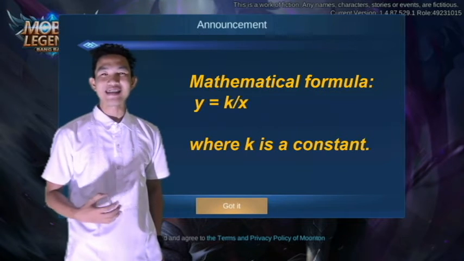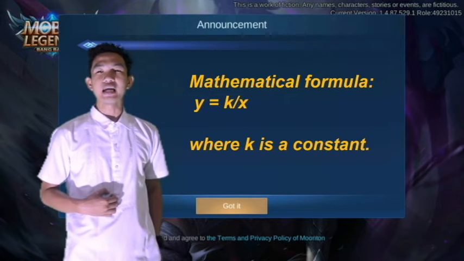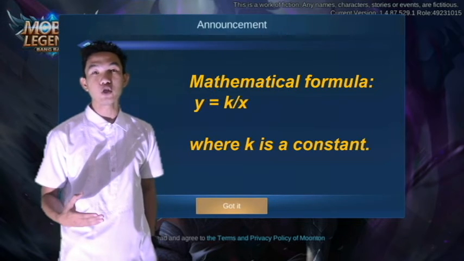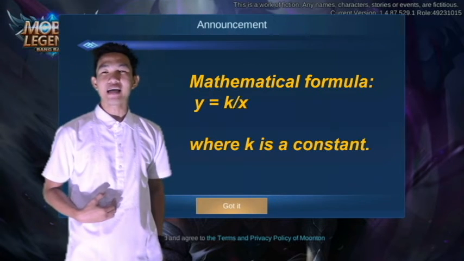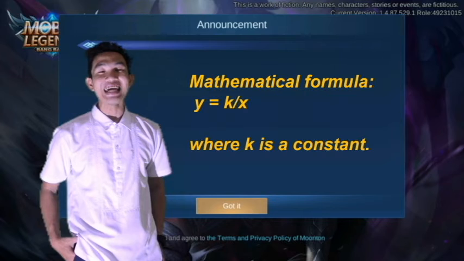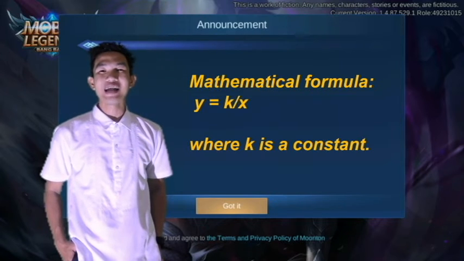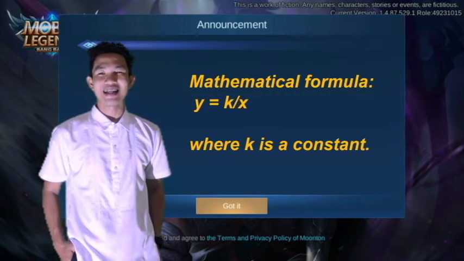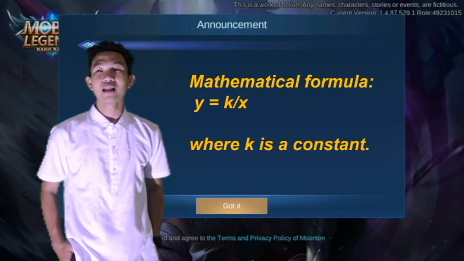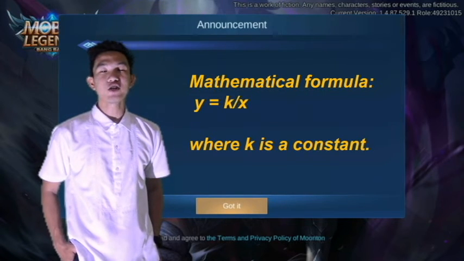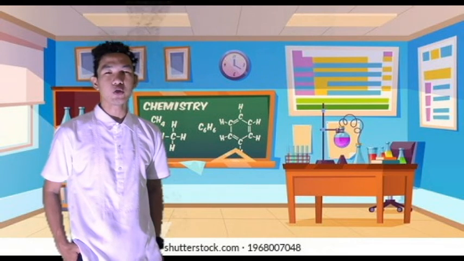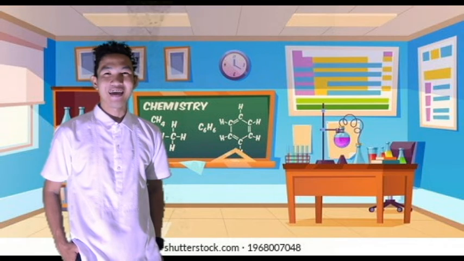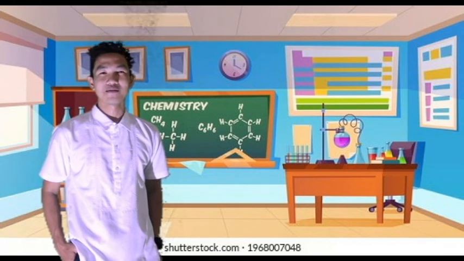Like for example in science, for a journey, travel time is equal to, yes, distance divided by speed, which is an inverse relationship with the distance traveled as a constant. The faster the travel, the shorter the journey time. Do you have any question with the two relationships? If none, let's proceed to the next concept.